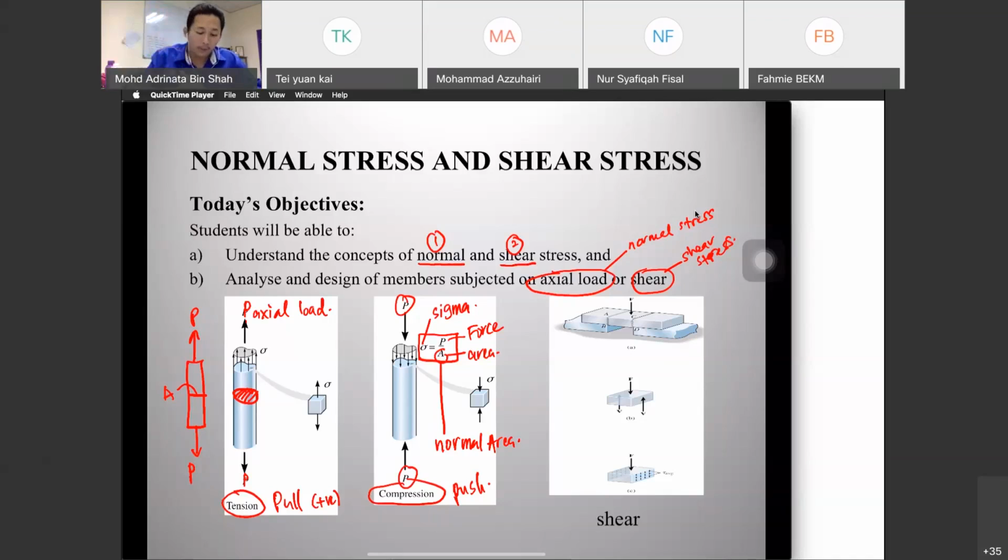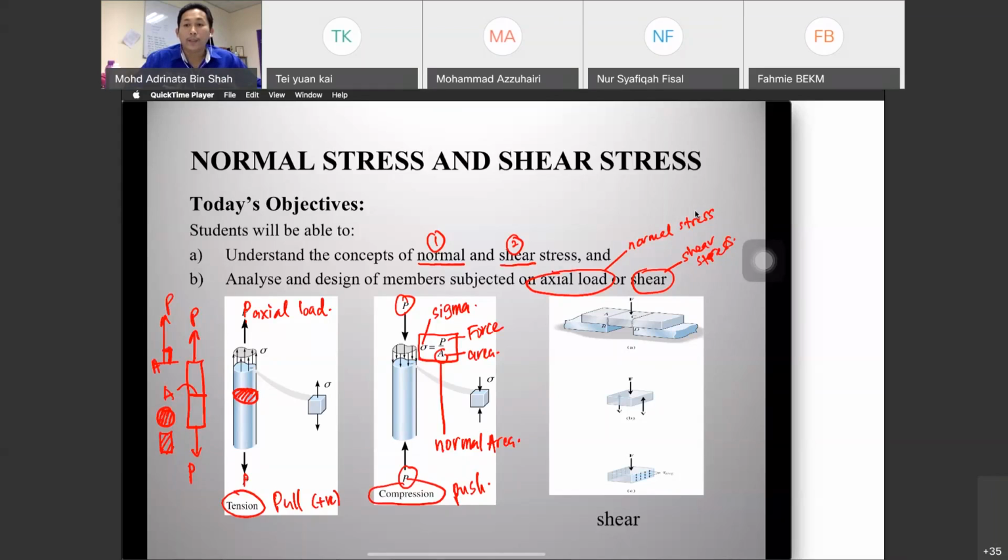If we look from the top, our area is the area of the beam. If you have a square or rectangular beam, the area is B times H, or B times D. So this is the area, and this is normal stress acting on your surface A, perpendicular, 90 degrees.